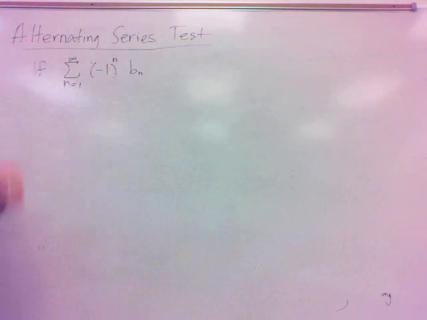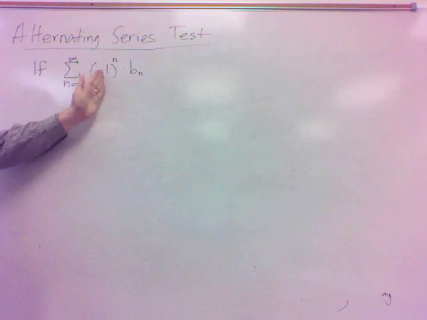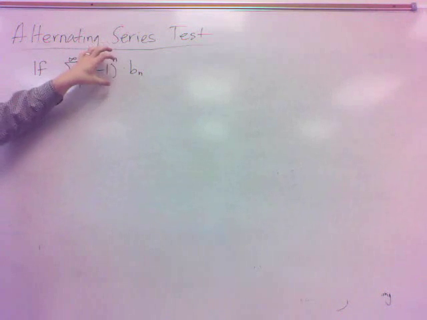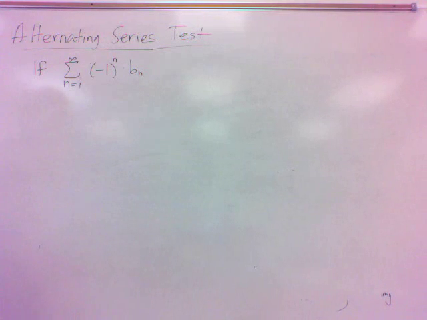Now, this says -1 to the n. It doesn't have to be exactly that. I mean, we saw that sometimes it's -1 to the n plus 1 or n minus 1. But somehow we get this alternating series stuff involved, okay?